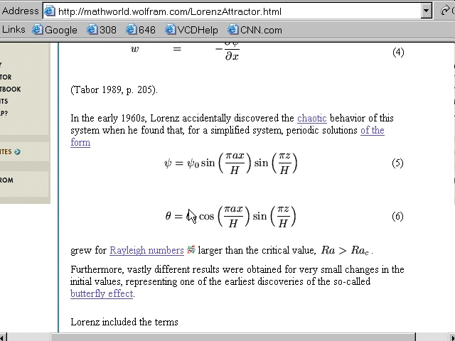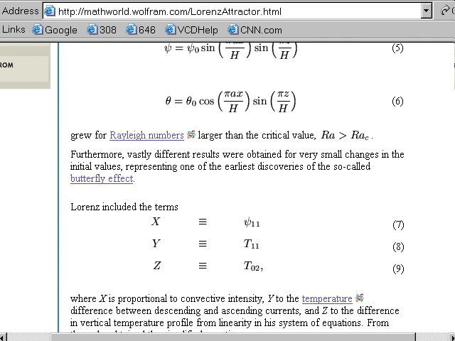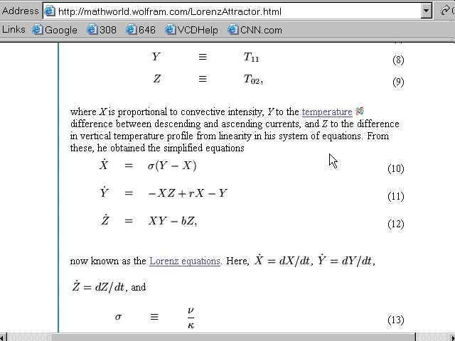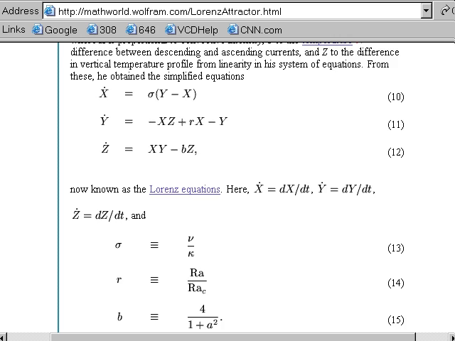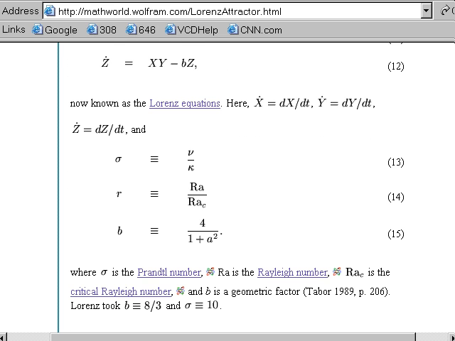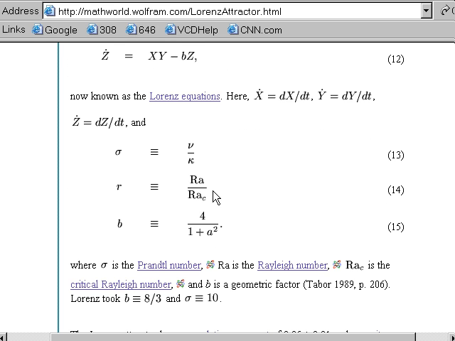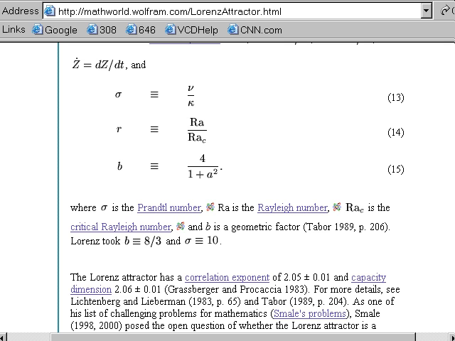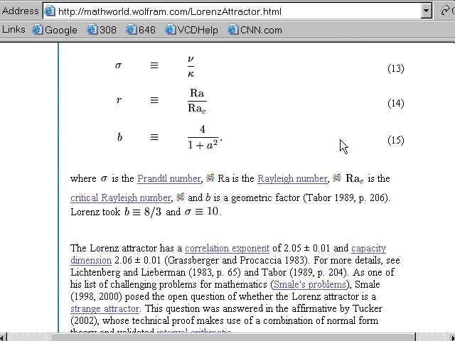But if you look for a periodic solution of this form for psi and theta, if you substitute it into there, you end up with a system of nonlinear differential equations here, known as the Lorenz equations. Now, these are just normalizations of the Reynolds number and Rayleigh numbers, etc., Prandtl numbers. These are critical numbers that describe the physics of the flow.